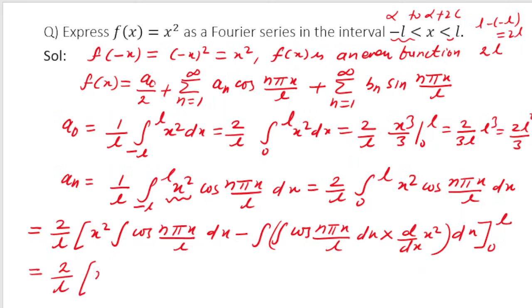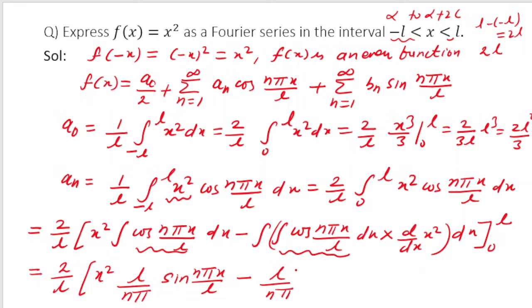So it is 2 by L, x square, integration of cos is sine, so it will be sine n pi x by L divided by the coefficient of x, which is n pi by L. So I have to divide this by n pi by L, means I need to multiply it by L by n pi, and minus this is the same term, so I will write L by n pi out, and here I will have to integrate because I will get sine n pi x by L. If I differentiate x square I will get 2x, so I am writing 2 here and x here, the constant I have taken.